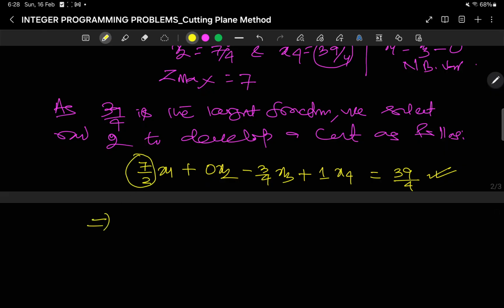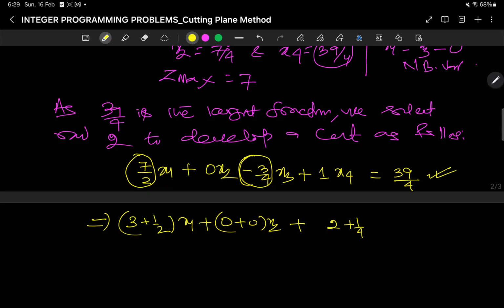We write 7 by 2 as 3 plus half x1, 0 plus 0 x2, and we break minus 3 by 4 using the greatest integer: minus 1 plus 1 by 4, x3, plus 1 plus 0 x4. The right hand side 39 by 4 is 9 plus 3 by 4, it is 9 point something.